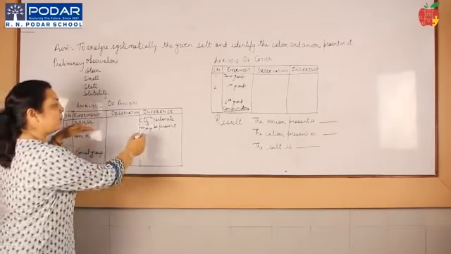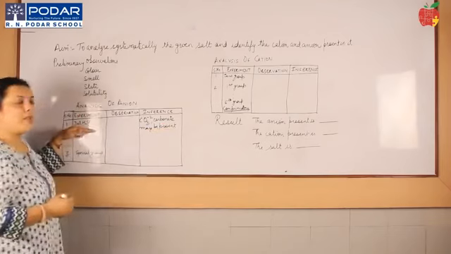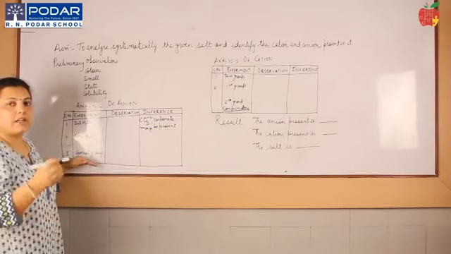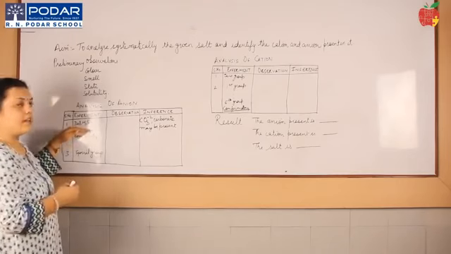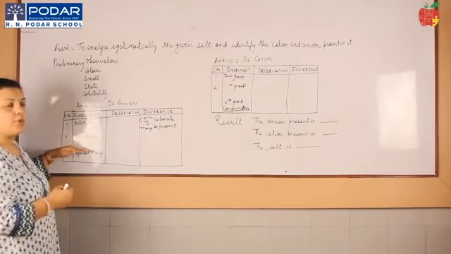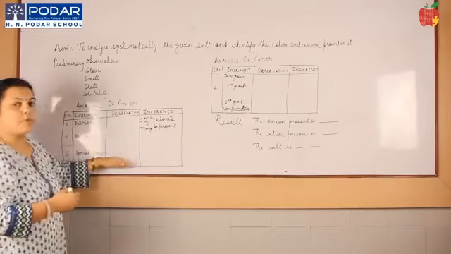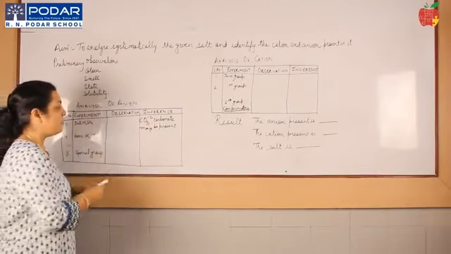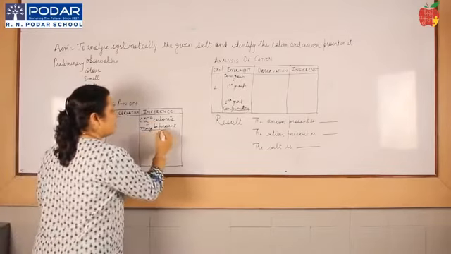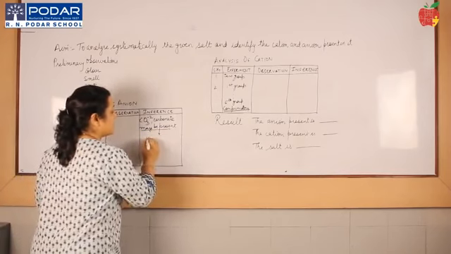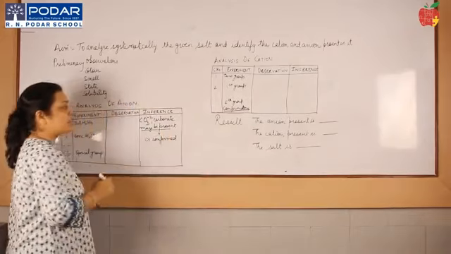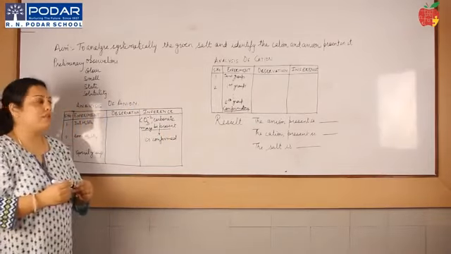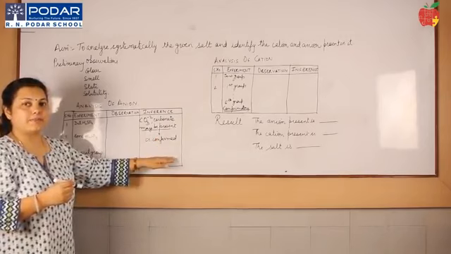When you've written carbonate may be present, you can mention the confirmatories after that. The confirmatories you already know, the magnesium sulfate test. So after that you will write down the confirmatory tests for carbonate, the observation, and in the same way, when you're doing the confirmatory, your may be present will change to is confirmed. So when you're doing the confirmatory test, instead of carbonate may be present, you will say carbonate is confirmed.